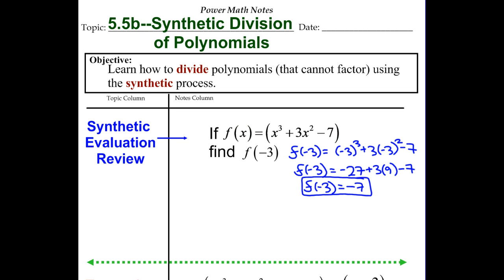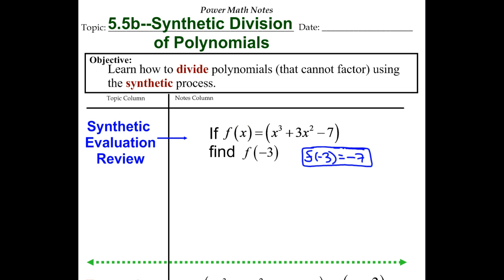The next way that I'm going to show you is synthetic evaluation. And what you do for synthetic evaluation, I'm going to erase this piece, give myself some room. So for synthetic evaluation, what you're first going to do is make a little half box. And then you're going to take the value that you have, so f of negative 3, and I'm going to put that negative 3 on the outside.